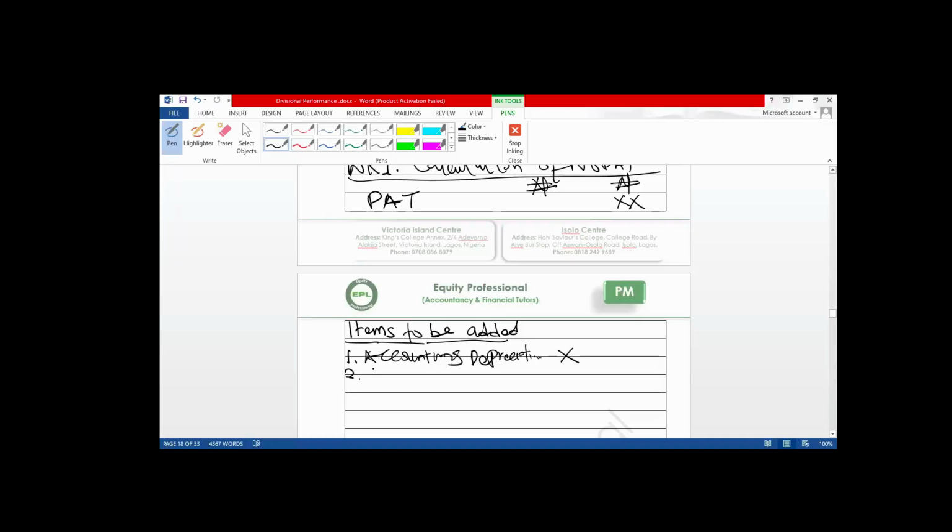Two, provision for doubtful debts. Add back. Three, provision for deferred tax. Add back.